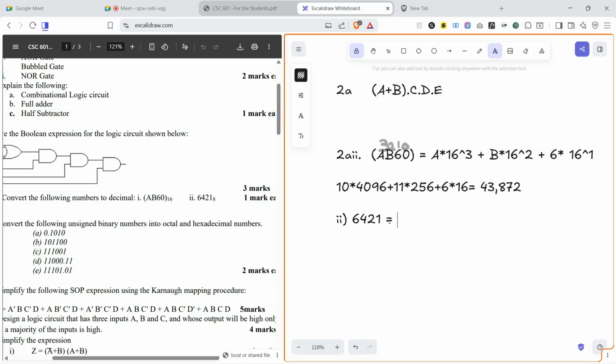So if you put 0, 1, 2, 3, that will be 6 times 8 because it's base 8 here. 6 times 8 raised to power 3 plus 4 times 8 raised to power 2 plus 2 times 8 raised to power 1, then plus 1 times 8 raised to power 0.